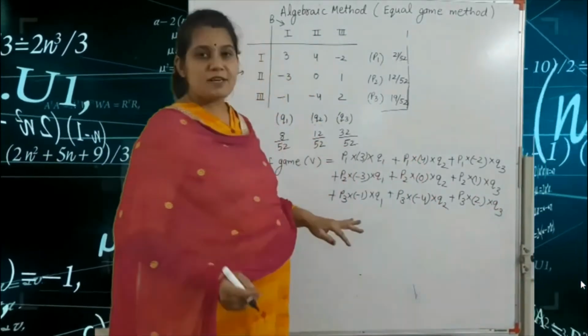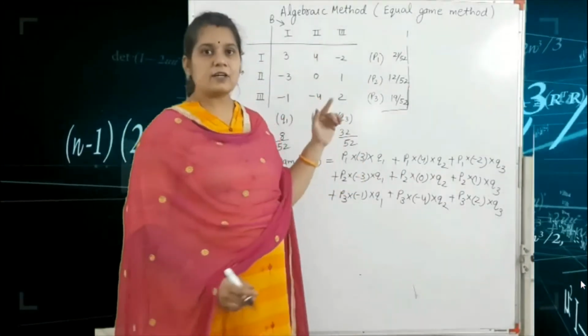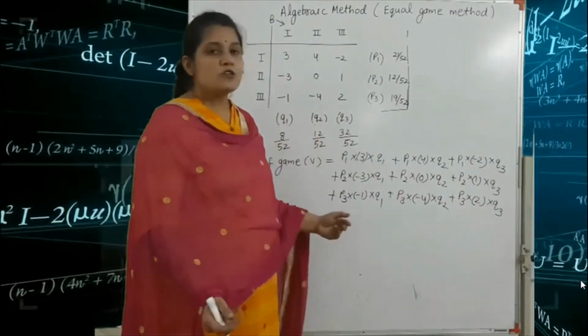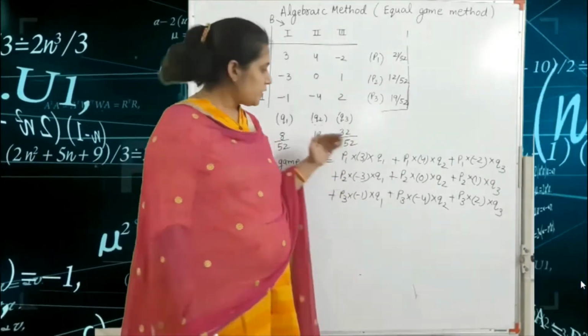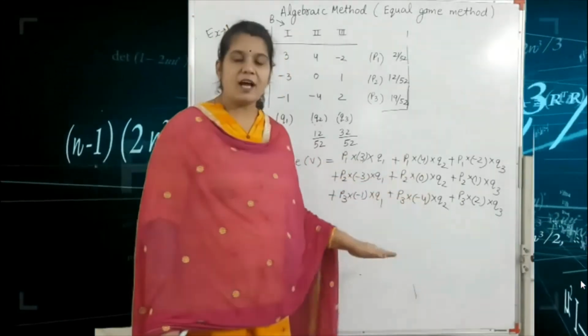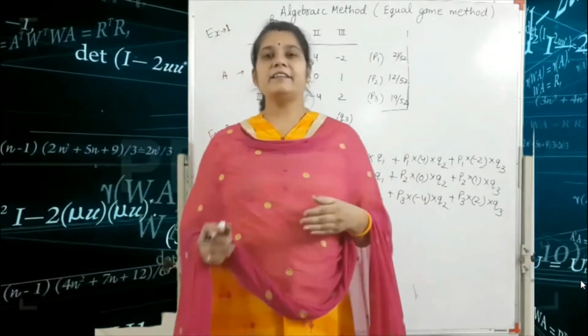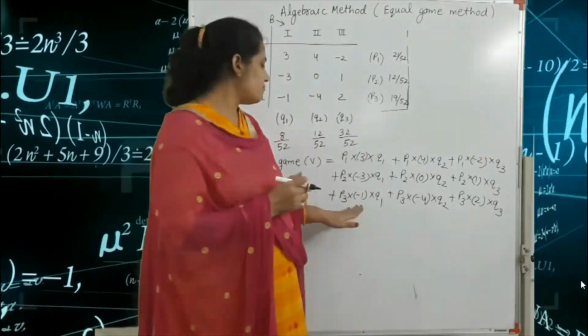So this is the formula of the value of gain for a 3 by 3 matrix according to the algebraic method. You put the values of P1, P2, P3, Q1, Q2, Q3 in this formula, and after that you find the final value of gain. So this is the final answer.